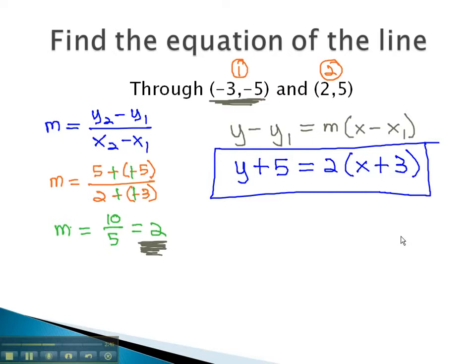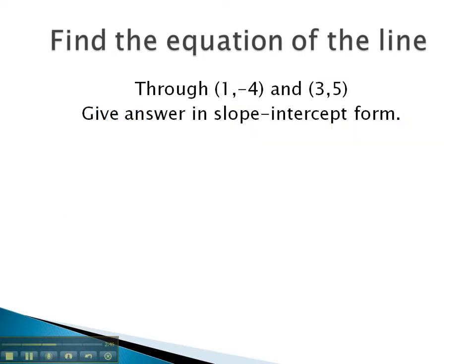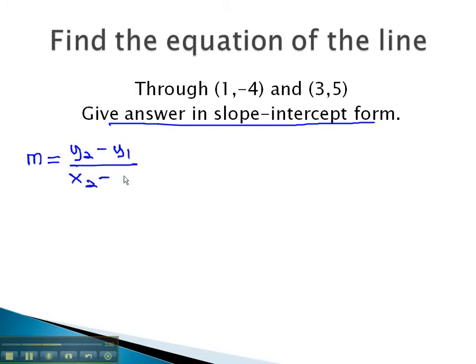Let's try another example where we have to do just that. But this time, we're going to have the extra direction that our final answer must be in slope-intercept form. To find the equation of any line, we first need to know the slope, which is found by taking y2 minus y1 over x2 minus x1.